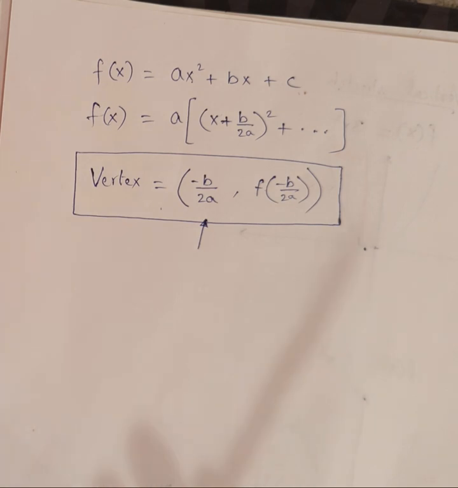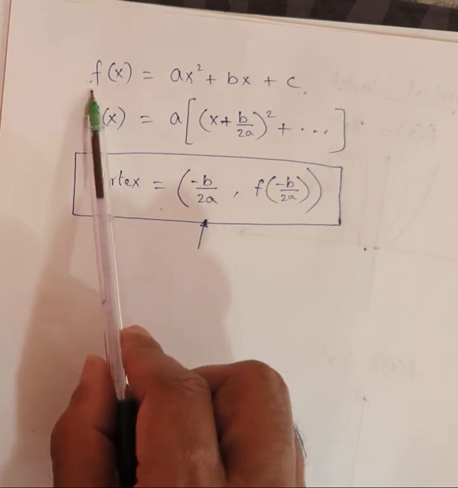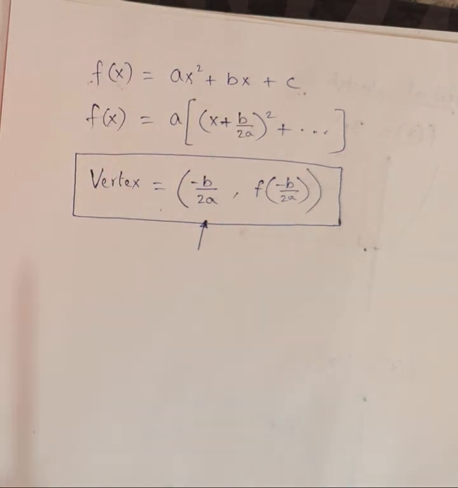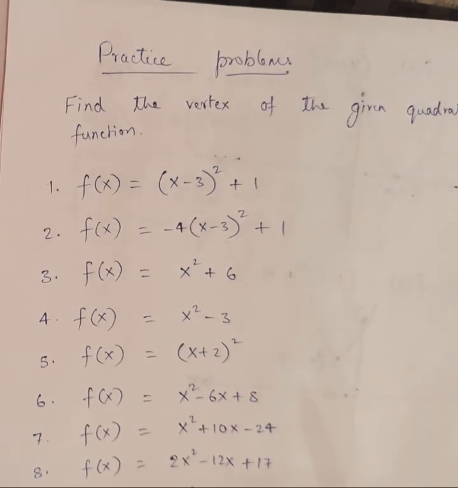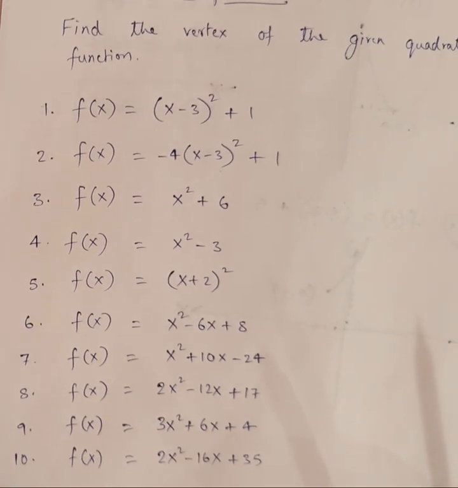If you know the x coordinate, you can get the y coordinate by simply plugging in, because that's how y is defined. It's defined as f of x. So there are two forms for a quadratic function, and we have seen how to get the vertex in both forms. So with that, I have some practice problems, the answers of which you'll find in the video description.